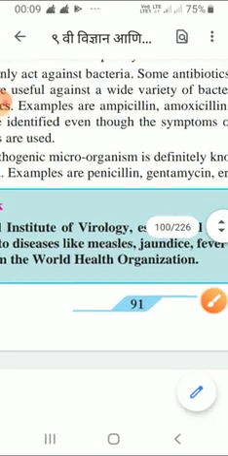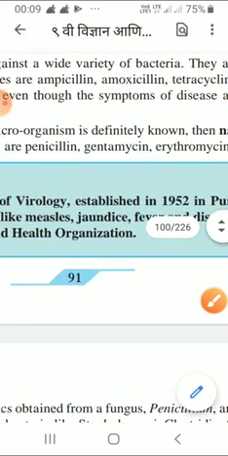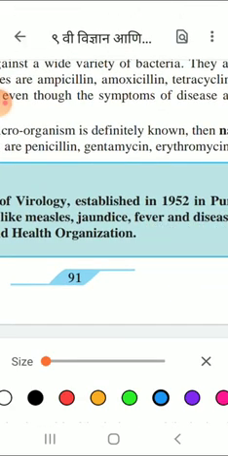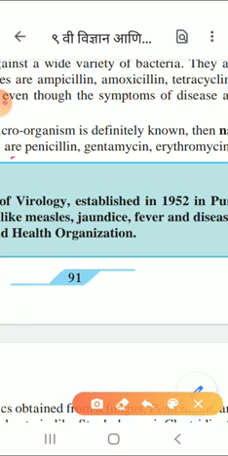Now, what are their examples, children? Penicillin, gentamicin, erythromycin, etc.